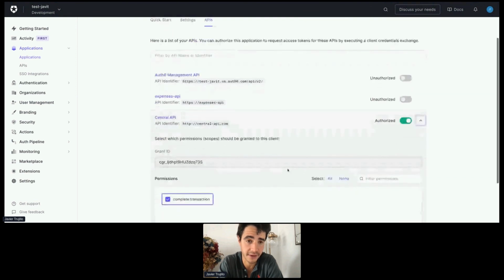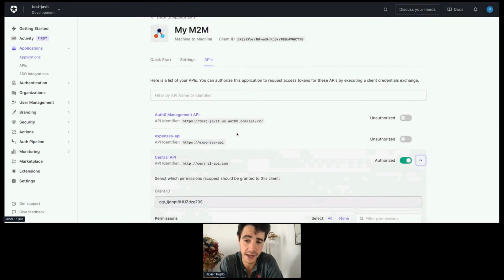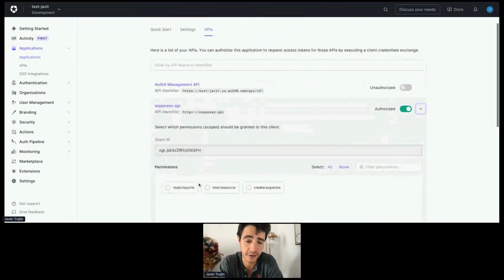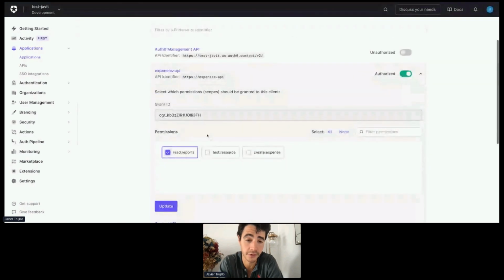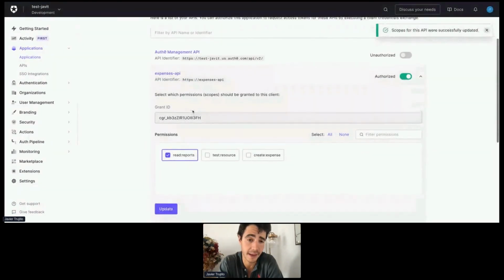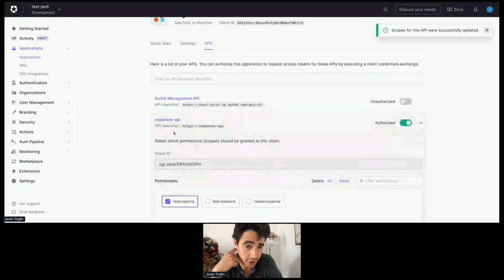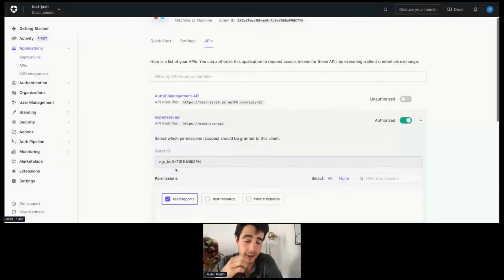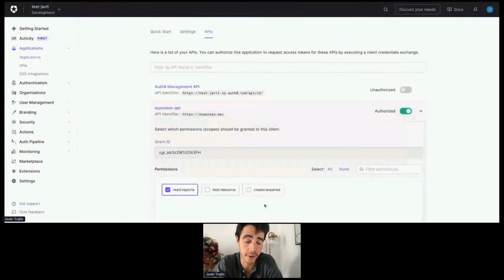So in this case, my machine-to-machine app, I can authorize it to interact with this API, and it's going to give it access to read reports. This application could be a cron job. It will have permissions to only read the reports at my API, but it won't be able to create new expenses.